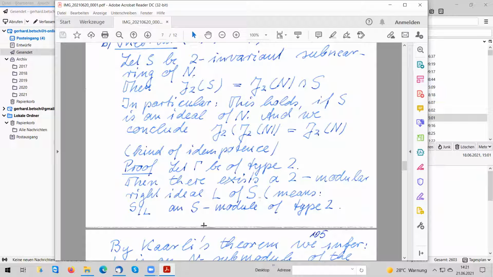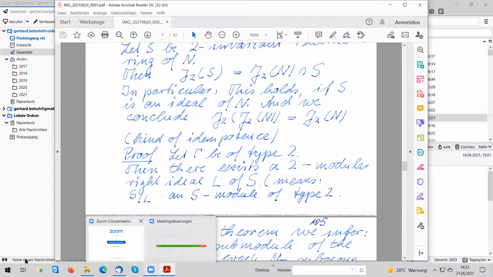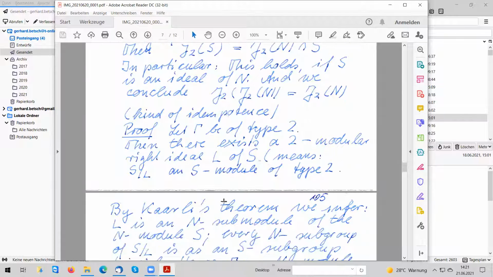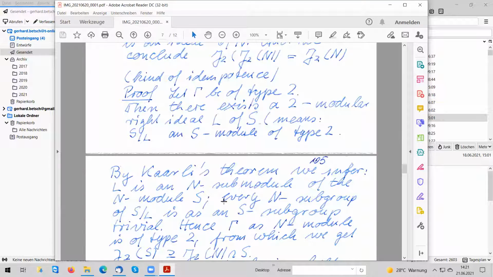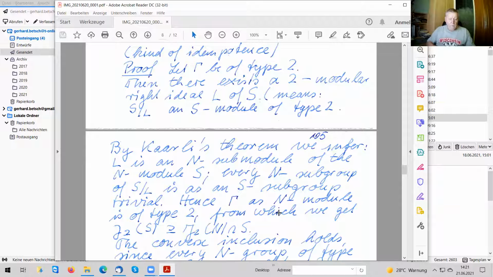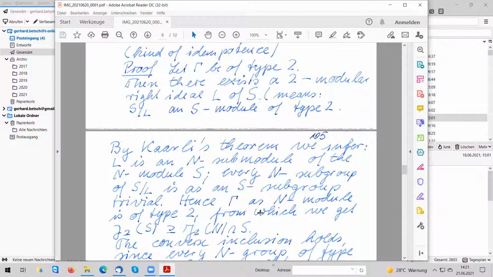Proof. Let gamma be of type 2. Then there exists a two-modular right ideal L of S, which means S modulo L is an S-module of type 2. And by Cayley's theorem, we infer L is an N-submodule of the N-module S. Every N-subgroup of S modulo L is an S-subgroup. Well, that's trivial.